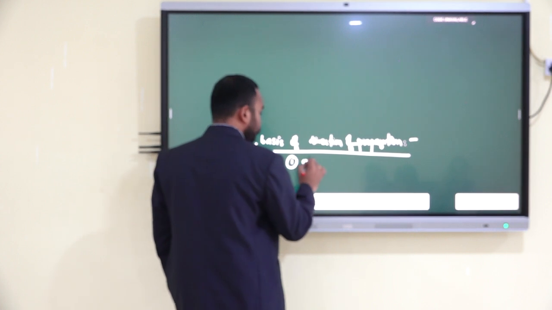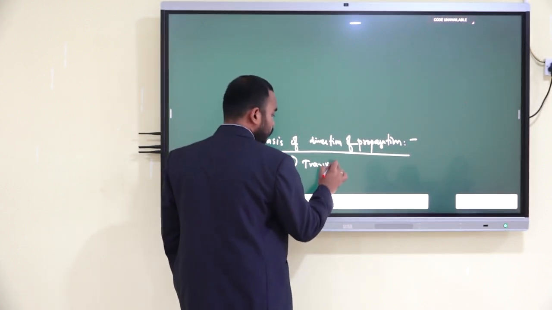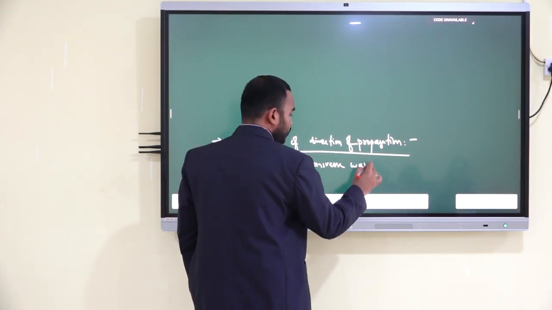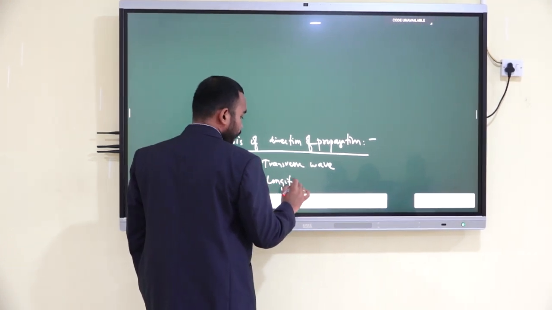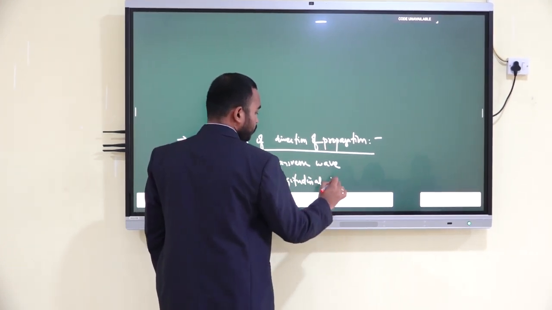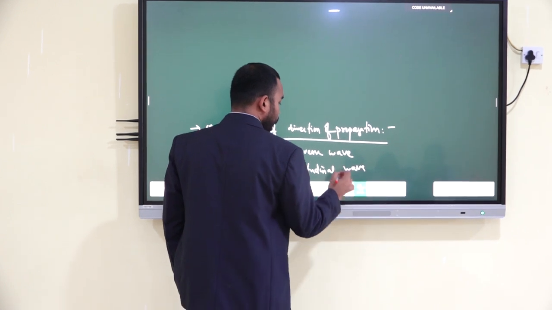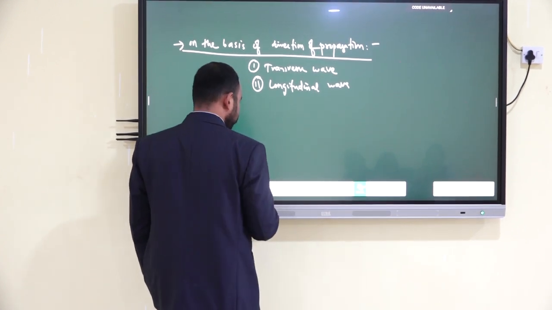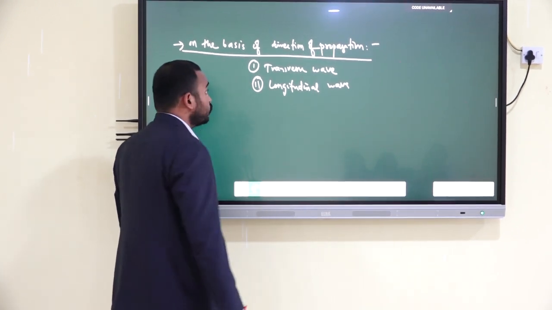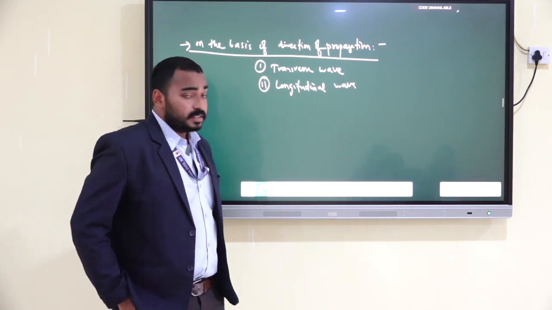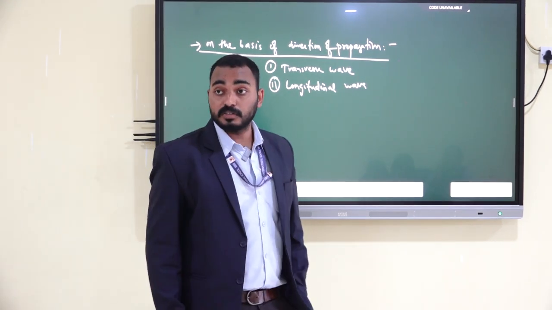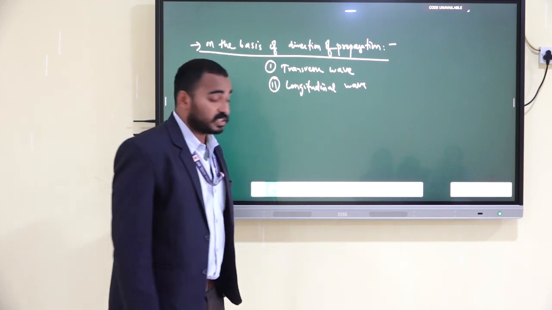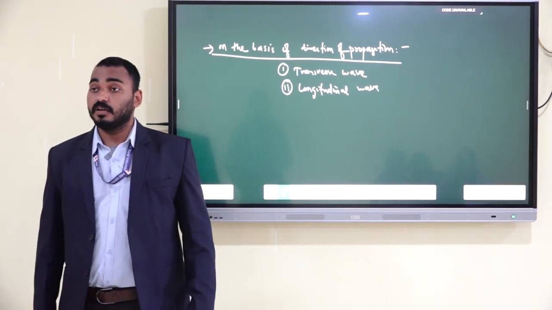First one is what? Transverse wave. Second one is what? Longitudinal. So there are two types again, but this classification is on the basis of what? The direction of propagation. First one is transverse wave, another one is longitudinal wave.